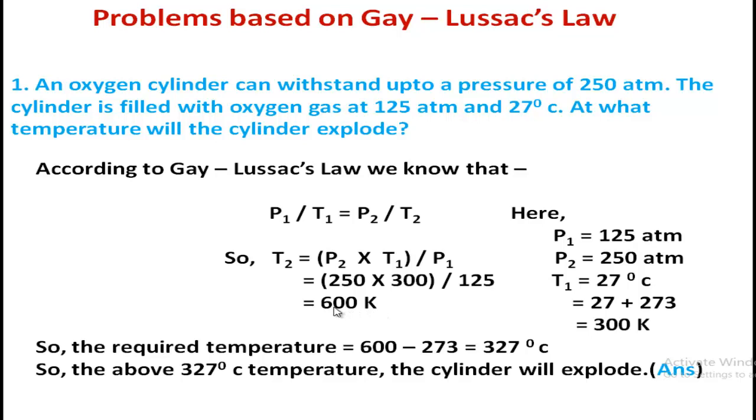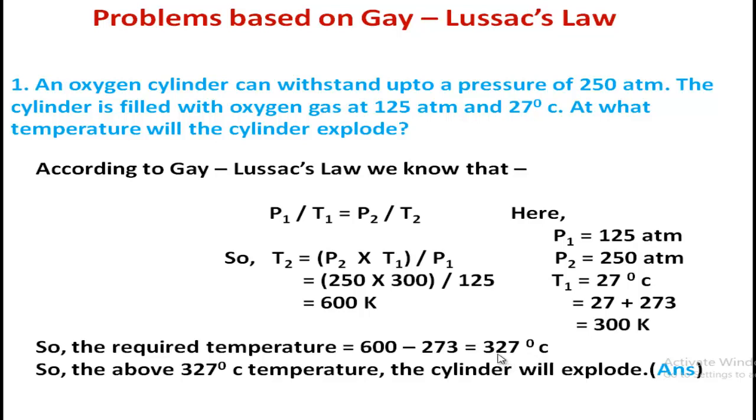Now this is the answer, but since the temperature is mentioned in your problem in degree centigrade unit, you have to convert it again into degree centigrade by subtracting 273 from 600. So you will get 327 degrees centigrade.